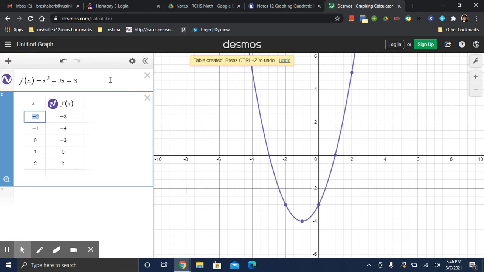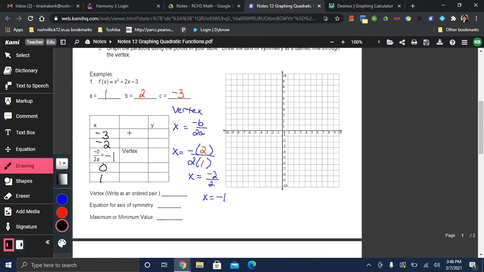So click on the table. Now it will generate some values, but those more than likely are not the values that you want to use. You want your vertex to be the middle number that we found. So we want these to be our x's, negative 3, negative 2, negative 1, 0, and 1.